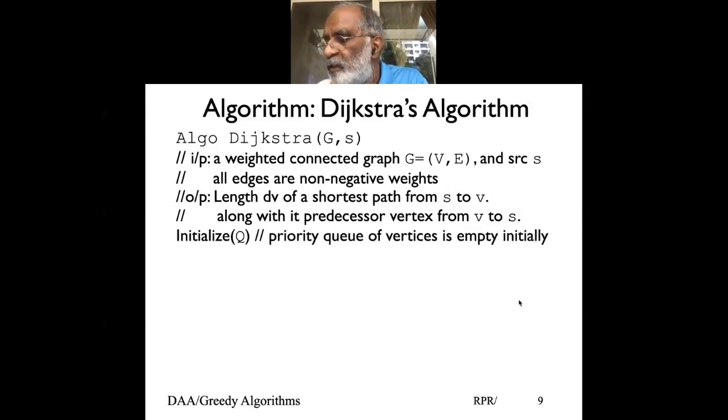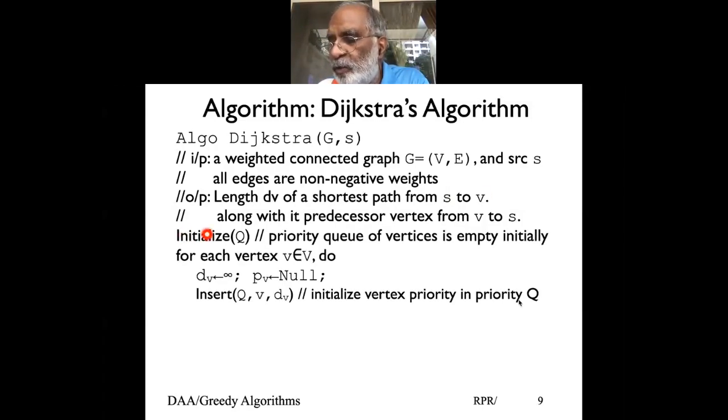So we start by initializing a queue, and our performance or time complexity would fully depend upon what kind of queue it is. The queue is of vertices with their respective weights or distances dv. So we'll maintain a queue of distances from source to each vertex v.